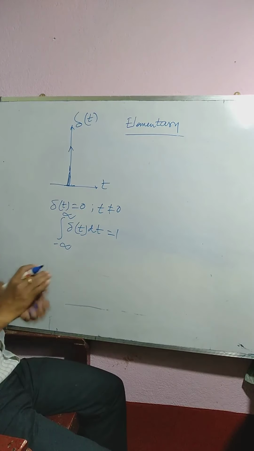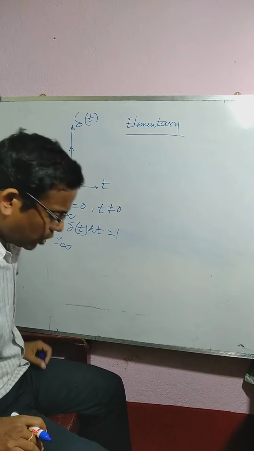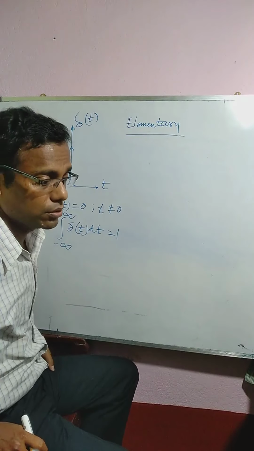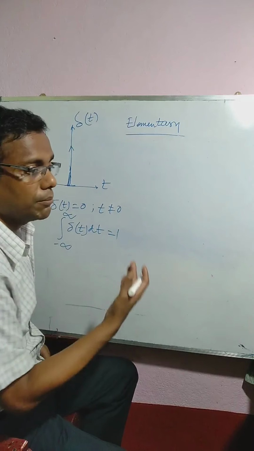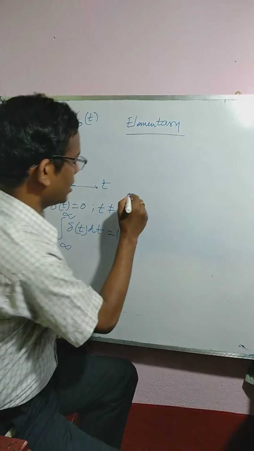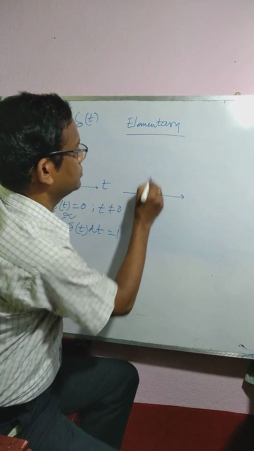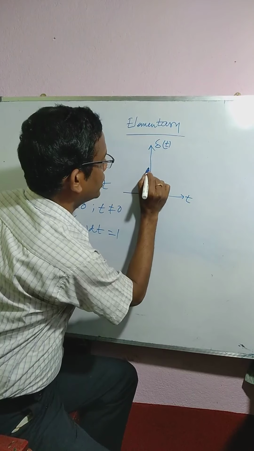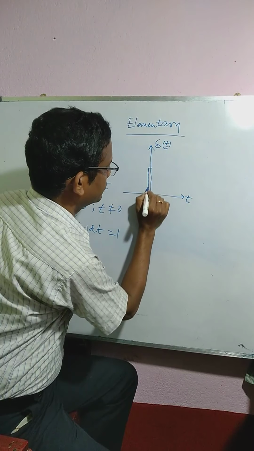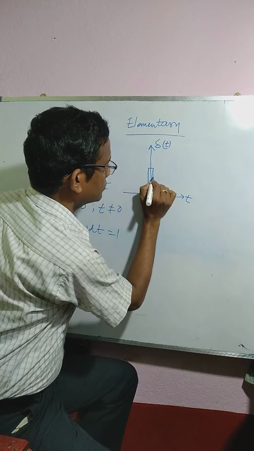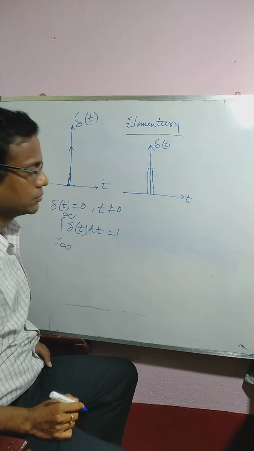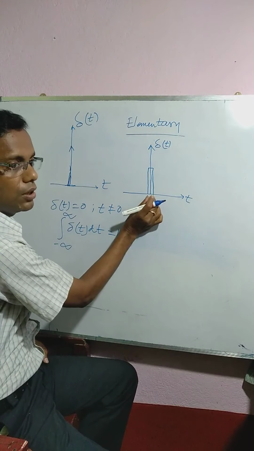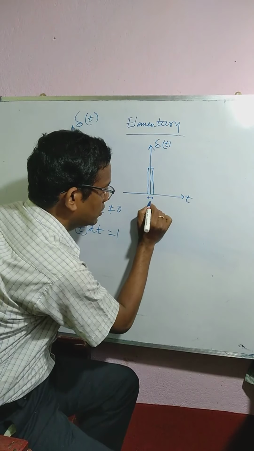It has several properties. So what was the problem? We cannot measure this, or we cannot generate it. Then what to do? There is some approximation drawn in this case. This is t and this is delta(t). A small area is considered here. Here the width of this is delta.